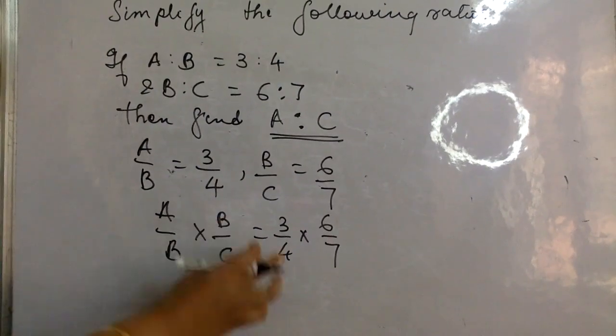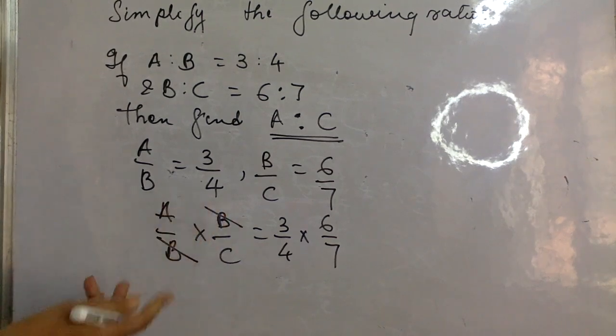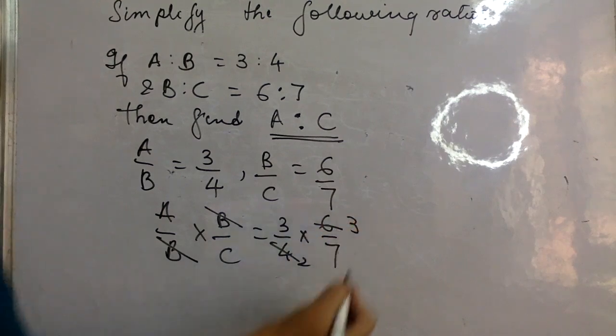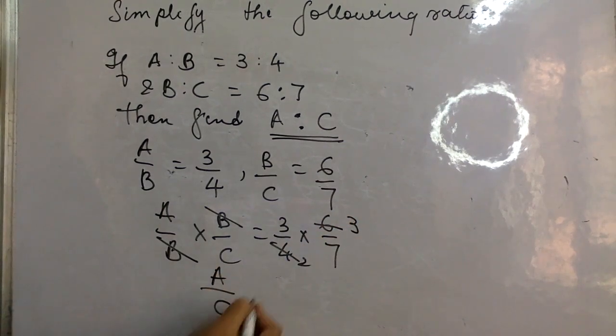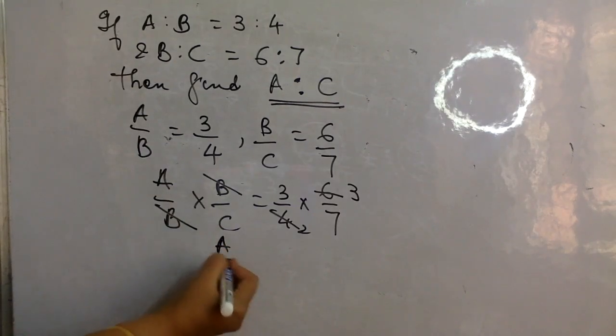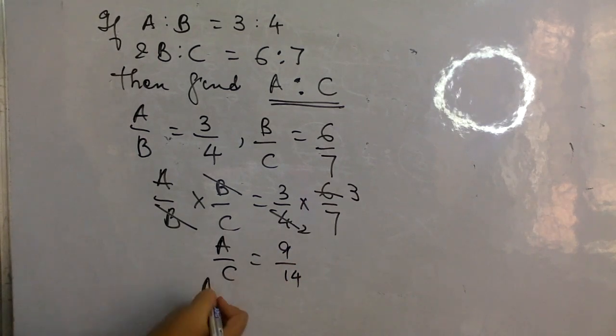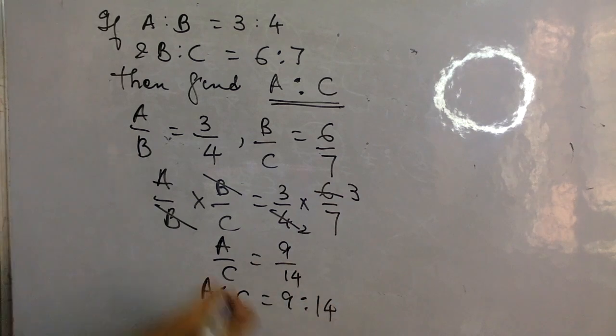It is 3 by 4 into 6 by 7, and now cancel out the B. This is plain algebra. Okay, cancel as much as you can here. So A by C has now come to how much? After cancellation, what I have got is A by C is 9 by 14. Okay, so my ratio of A is to C is 9 is to 14.